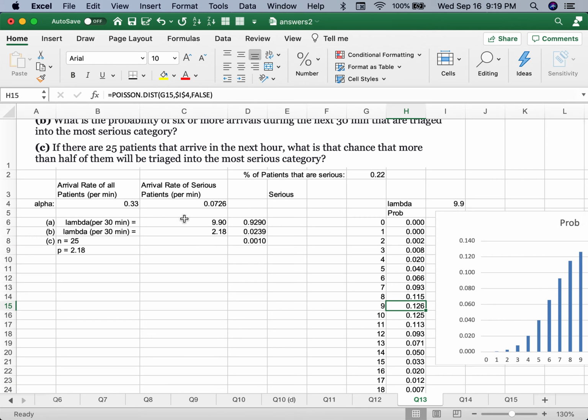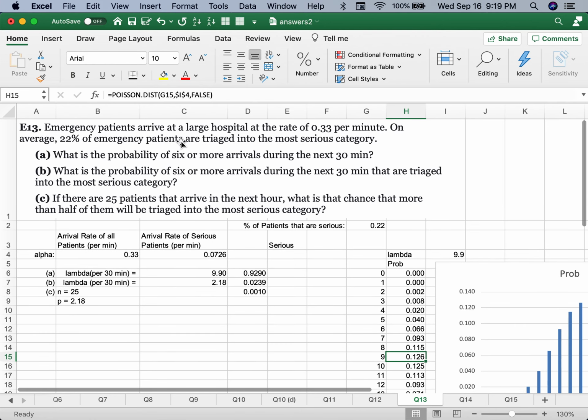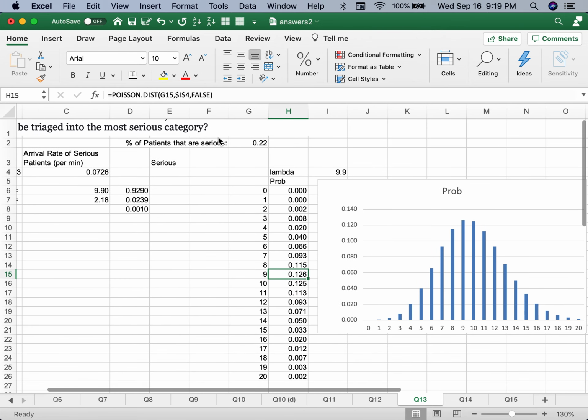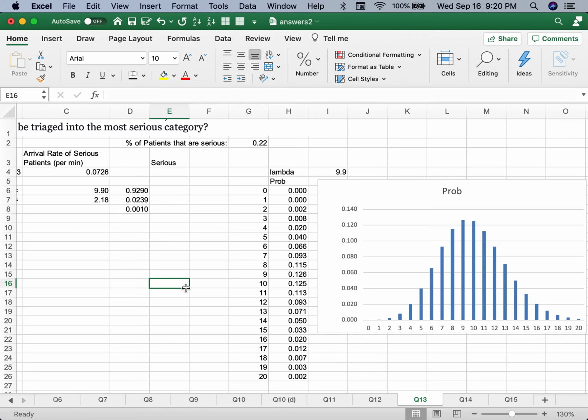The first part asks, what is the probability of 6 or more? Since this distribution goes way up to infinity, to get 6 or more, what you have to do is add up all of the little stacks to the left. So it's 1 minus the probability up to and including 5. That's how we set this up.